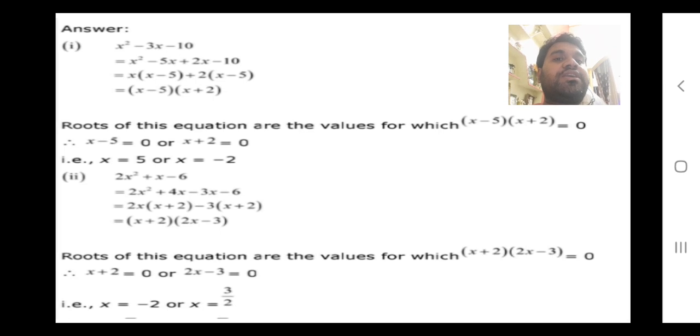After that, taking x common from x square and 5x, and taking 2 common from 2x and minus 10, finally you form this equation. At last, x minus 5 and x plus 2, you have to put equal to zero to get the roots. So we will get x equals 5. x plus 2 equals 0, we will get x equals minus 2. So that's it. So class, you have to go with this.